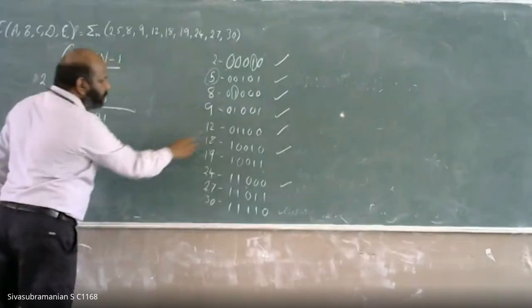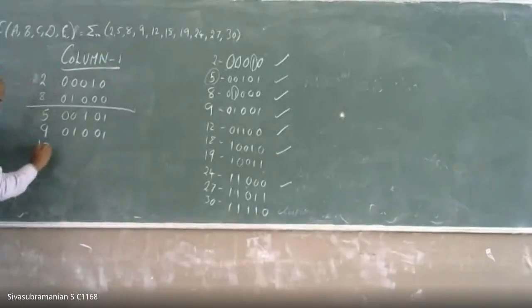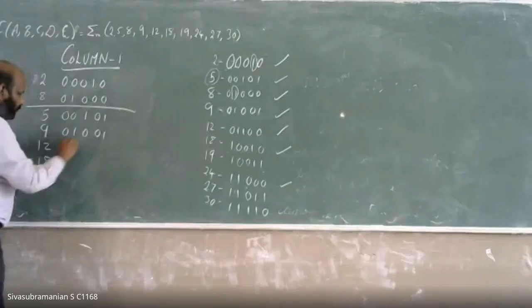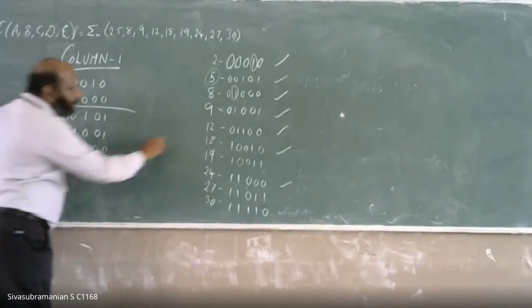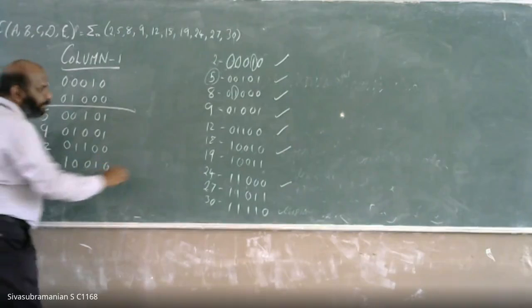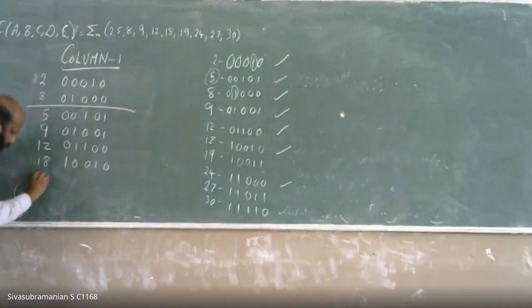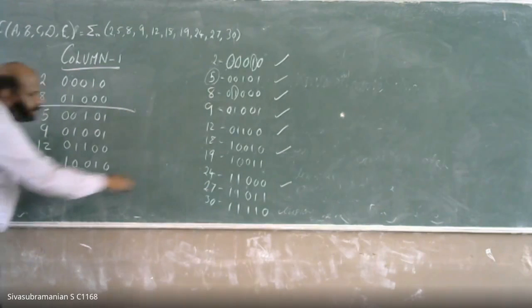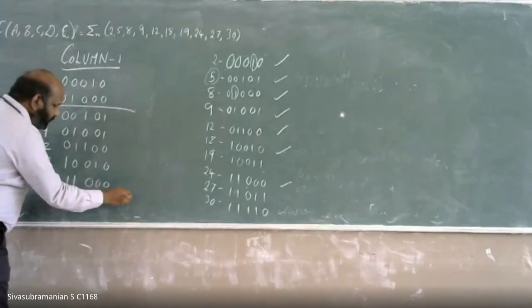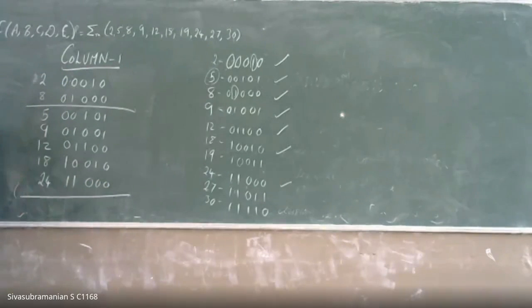Then it is 12, 18. Okay, so for 12 it is 01100. For 18 it is 10010. And for 24 it is 11000. So this is my second group.